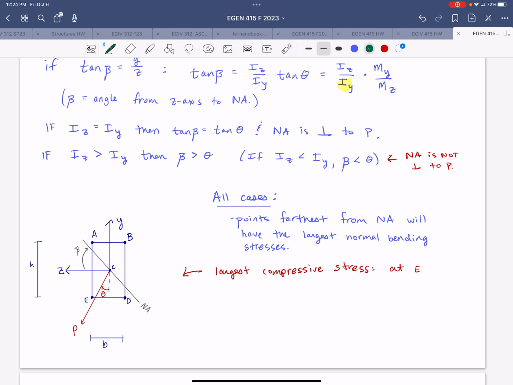So I'll note here, this side of the neutral axis will experience tension, and this side will experience compression.